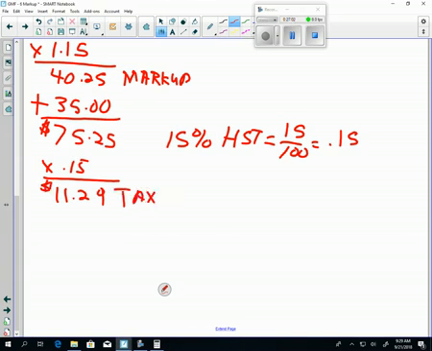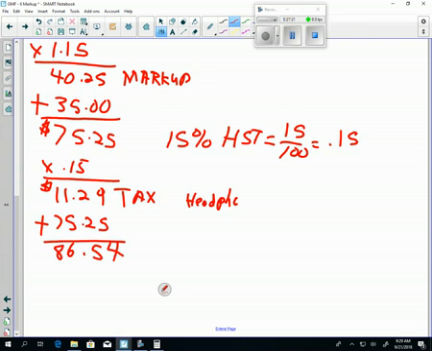I have to add that to that price of $75.25. So it ends up that my headphones are going to cost me $86.54 with the taxes.